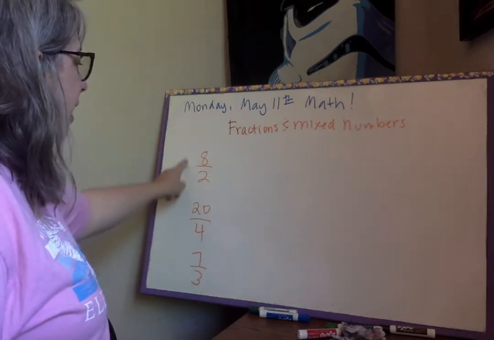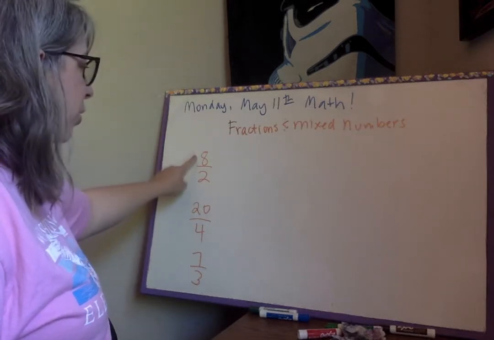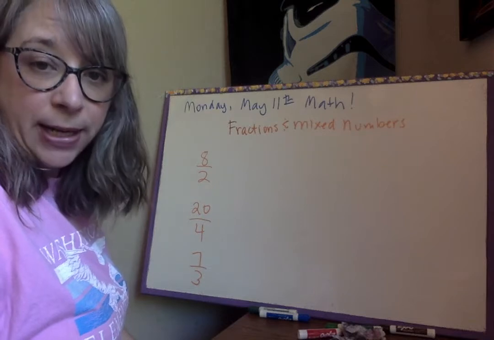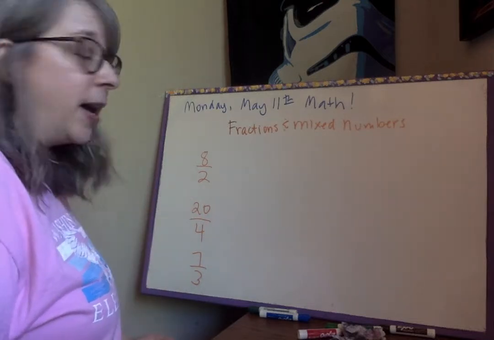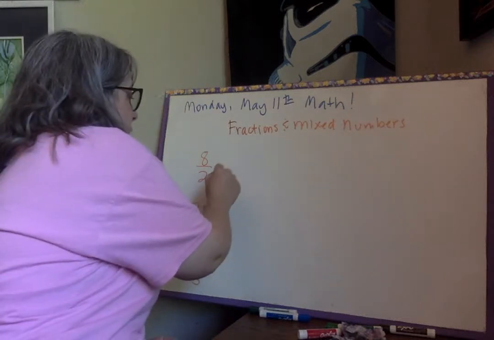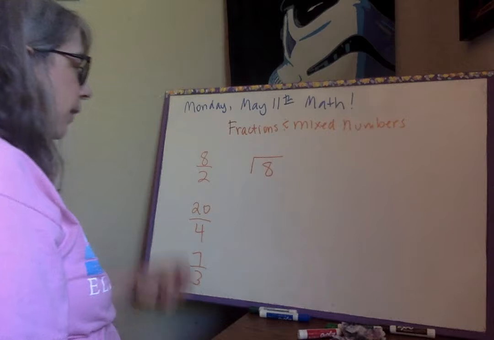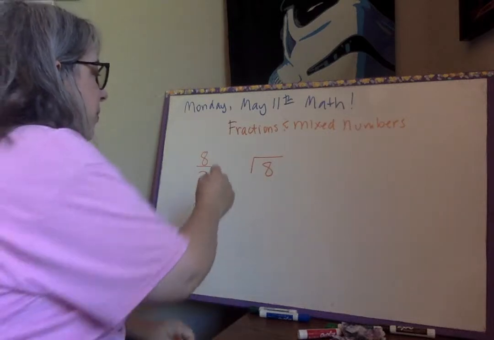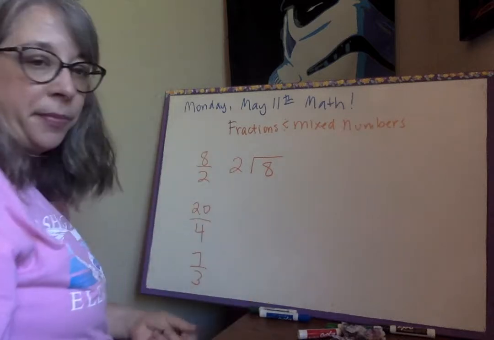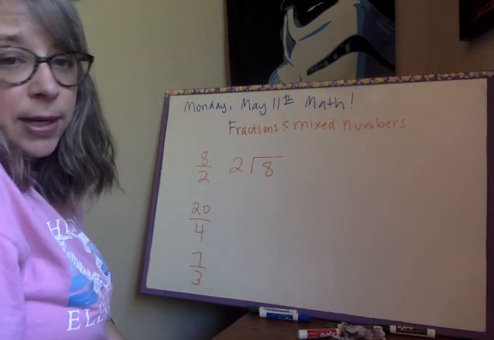So whenever you have a fraction where your denominator is smaller than your numerator, you're going to be dividing, okay? This is honestly another way to show division. So 8 is going to be our dividend, and 2 is going to be our divisor. That's all it is. We're just dividing, quite honestly.